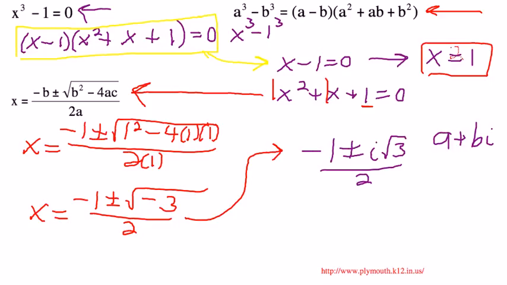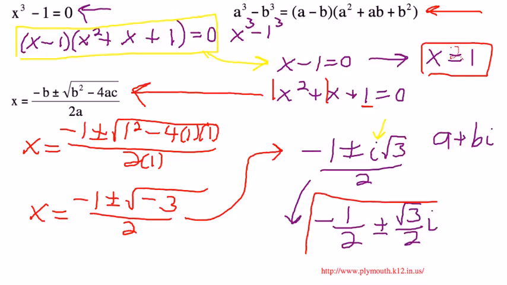So I have to take this big ugly fraction and split it up into 2. And when I do that, I have negative 1/2 plus or minus square root of 3 over 2. And the i that I had right here, I'm going to move that right out in front. And that looks exactly like the answer that we were supposed to get right there.